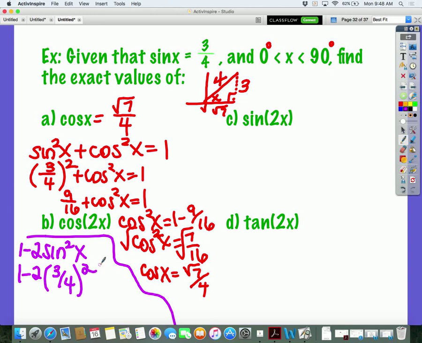Order of operations says we do what first? The square, so this becomes 1 minus 2 times 9/16. When we multiply by 2, that becomes 1 minus 18/16. And then when we do 1 minus that, it becomes -2/16, or you said -1/8.